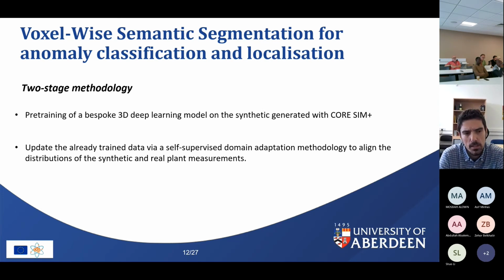So the first step involved developing a model on this synthetic data. And the second stage was adapting this model that was developed with the simulated data to some real life measurements that were made available to us. Because as part of this project, we had quite a few partners, some of them nuclear plants across Europe.